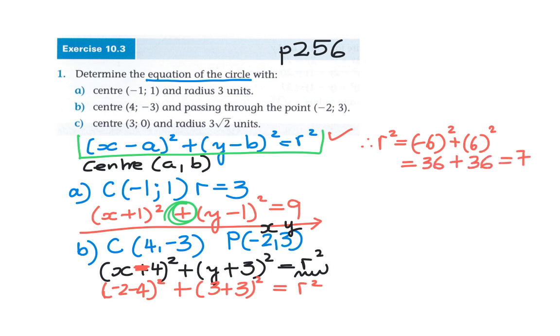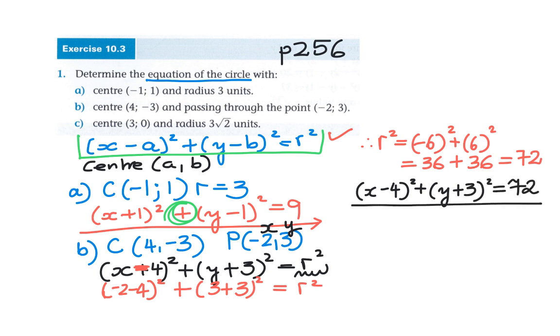I've got 72. And that gives me the equation for question B as (x − 4)² + (y + 3)² = 72. Okay, so that is equation number B.